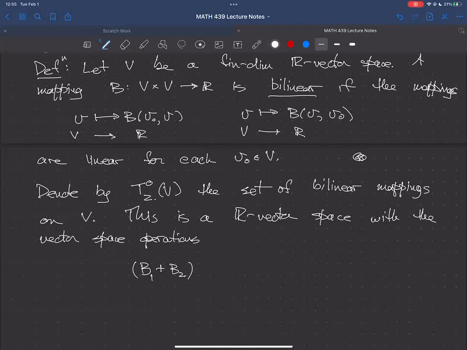This is just the only rational way to combine symbols. This is going to be a bilinear mapping, so I need to tell you what it does to two vectors, say V1 and V2. This is the definition of B1 plus B2. Again, it's the only thing you can think about doing.